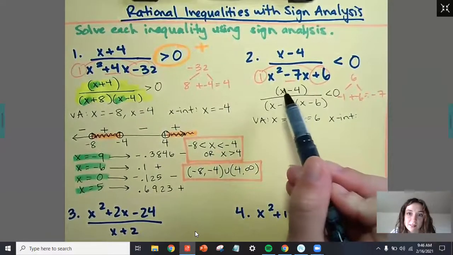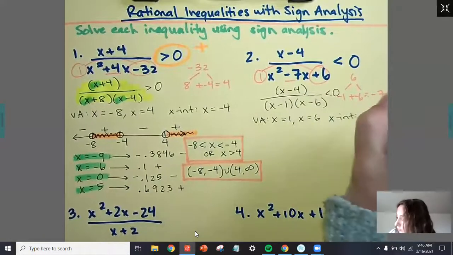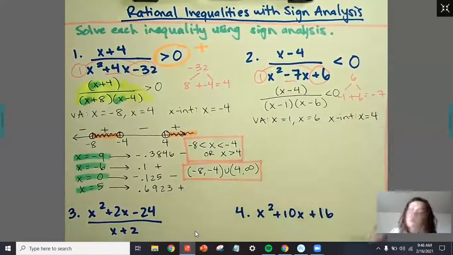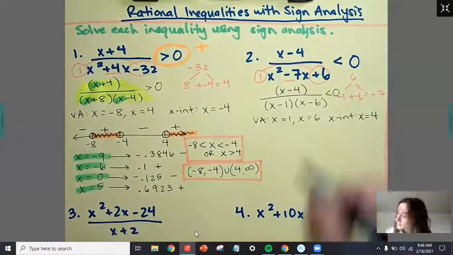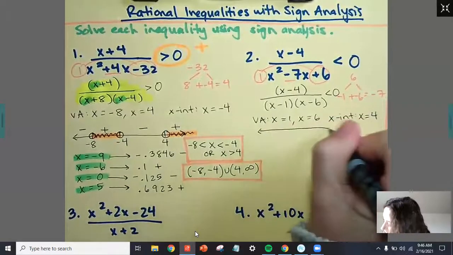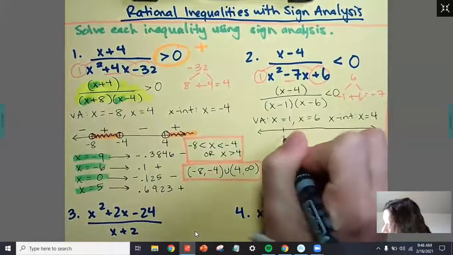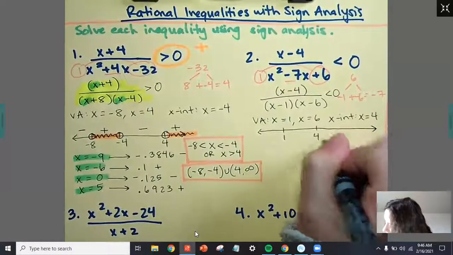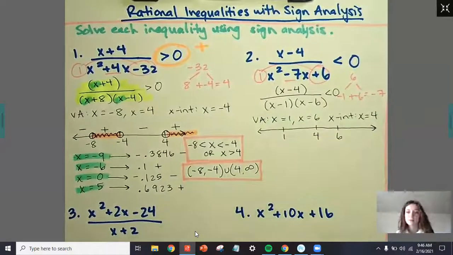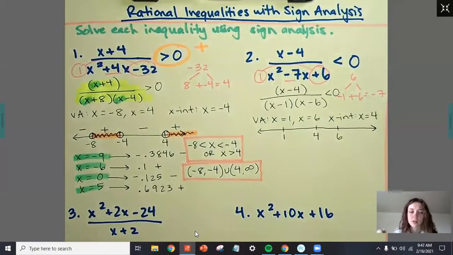What makes this thing 0? That would just be positive 4. So we're going to be looking at these points here. So I'm going to make my line, and I want to look at 1, 4, and 6.